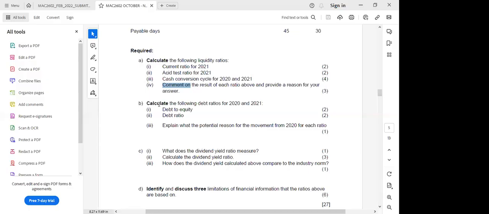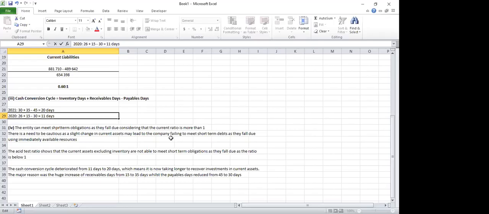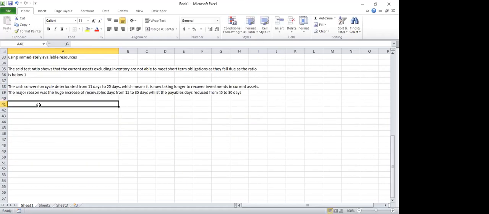Right. Then calculate the following debt ratios for 2020 and 2021. Debt to equity. This is part B. It's the debt to equity ratio.